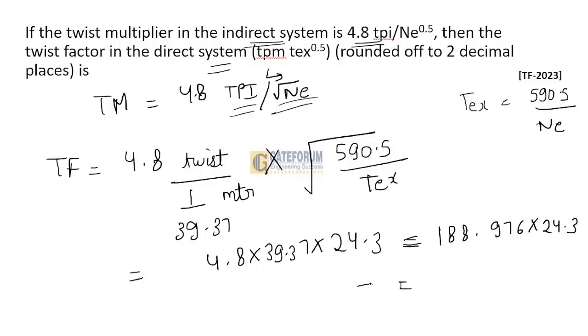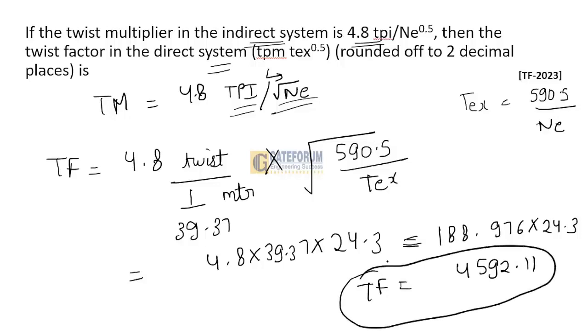It would come out to be twist factor is 4592.11. So this is the correct answer, and the official answer was accepted in the range 4591 to 4593. So this is the official answer key, and this is the correct answer that you need to calculate.